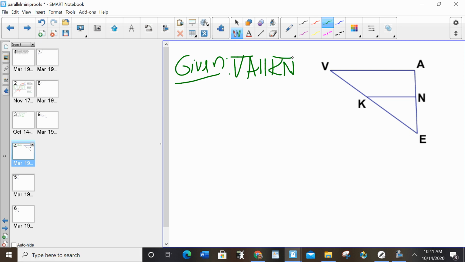So what I want to do is I want to extend my parallel lines and then find and extend my transversal. Now I see 2 transversals here. I'm going to deal with one at a time. I'm going to start with this one.